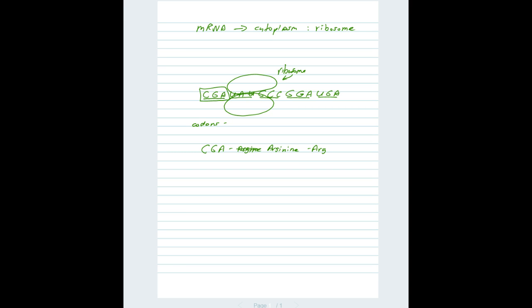So arginine is actually attached to a really funky piece of another kind of RNA called transfer RNA. Transfer RNA hangs out in the cytoplasm. It's sometimes called tRNA, and it's shaped in a really funny shape.